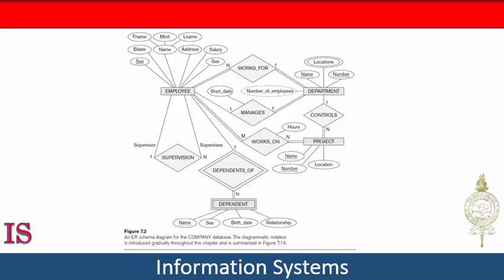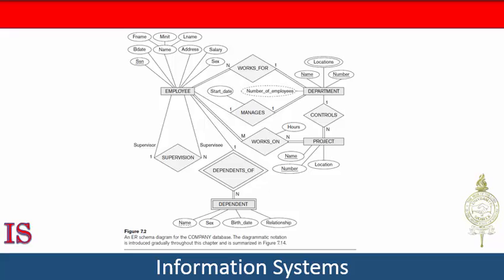To explain this naming convention further, we have one exception to the convention shown here: the dependents of relationship type, which reads from bottom to top. When we describe this relationship, we say that dependent entities, bottom entity type, are dependents of, relationship name, employee, top entity type.